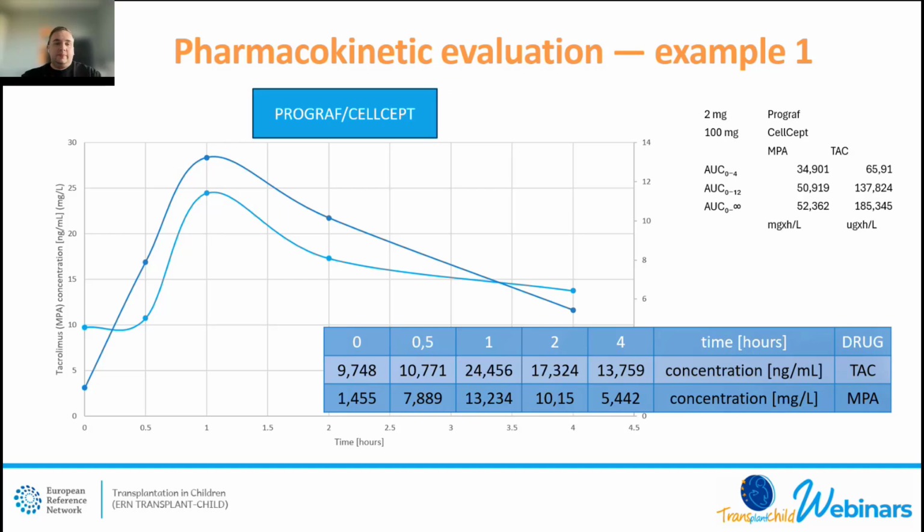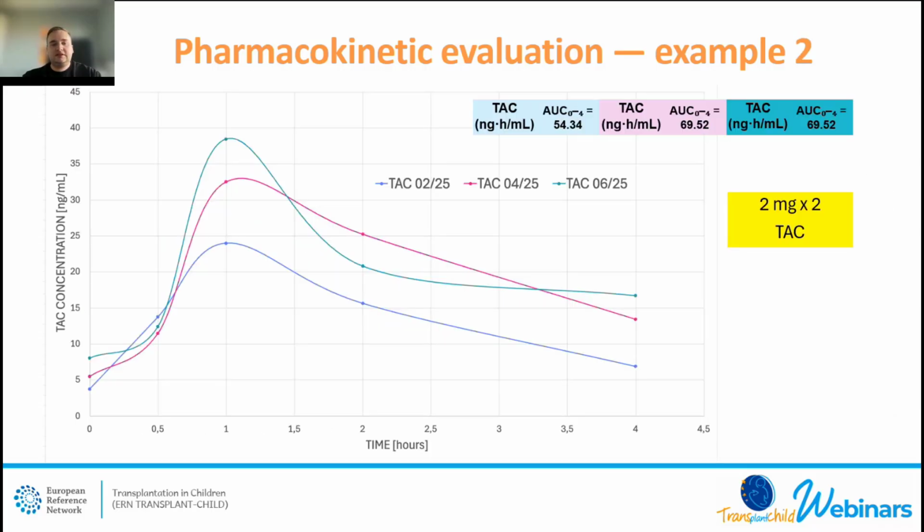So it's the concomitant measuring of tacrolimus and mycophenolic acid in the same samples, so the patients collect one sample per time point. The second example is the same patient's profiles, but collected at different time points in February, April, and June.